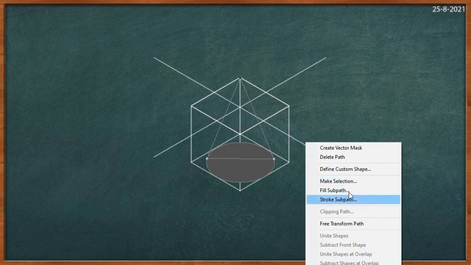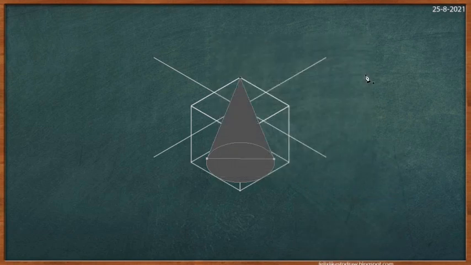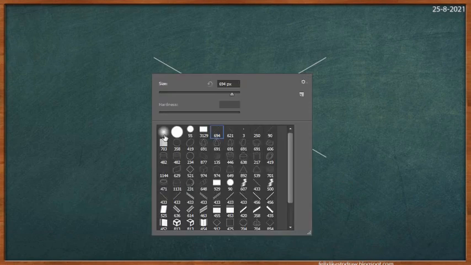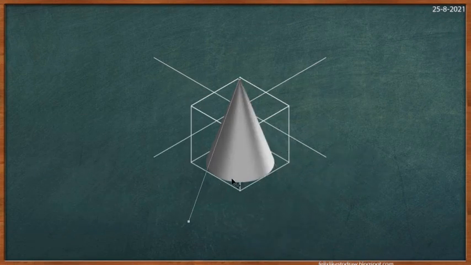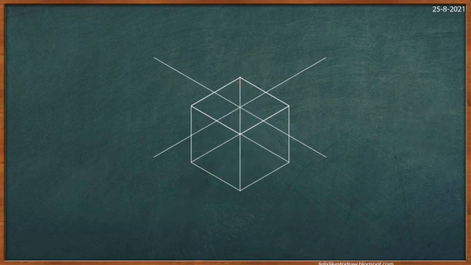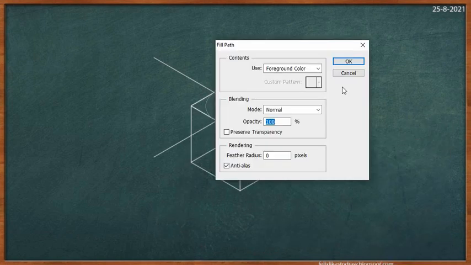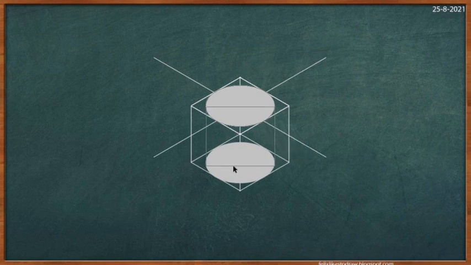The bottom will be hidden, so it is filled completely. We'll learn how to do the shading for each of these things. Making a cylinder: if you combine two circles with a rectangle, you will get a cylinder.